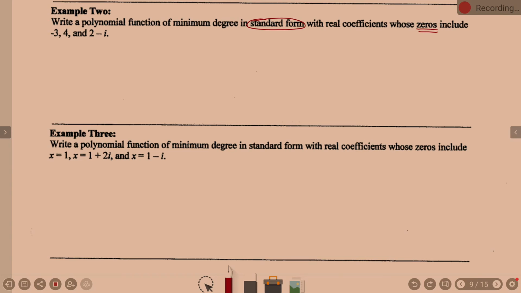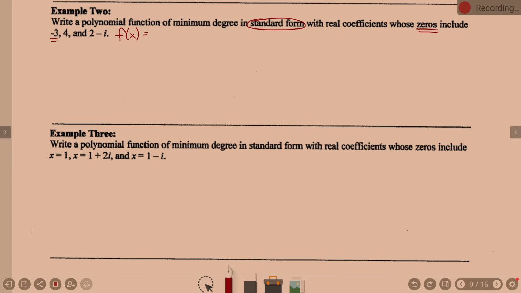Do you know what I'm talking about doing here? You did it on the quiz too. It's basically what we did up here, where we put it equal to 0. So if there is a 0 of -3, what is that as a factor?